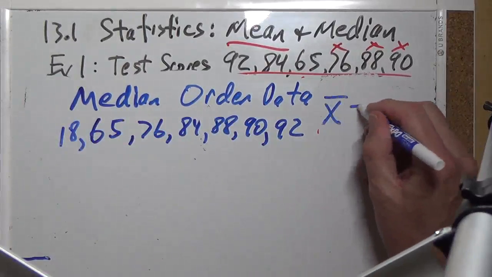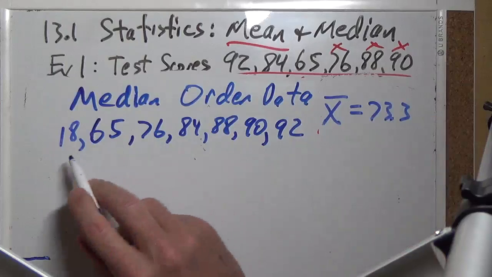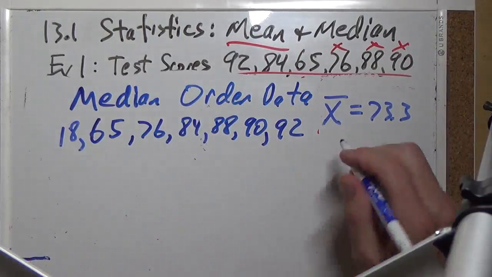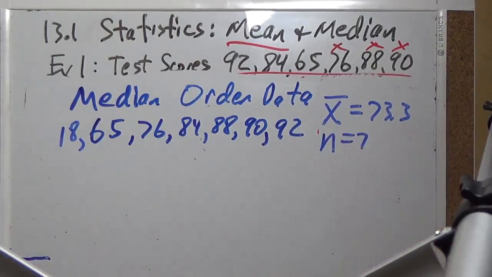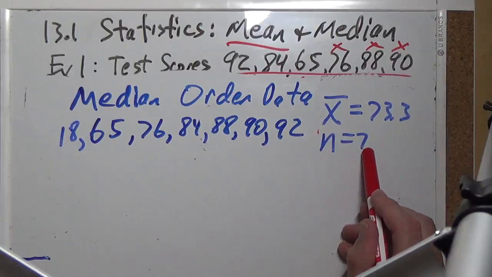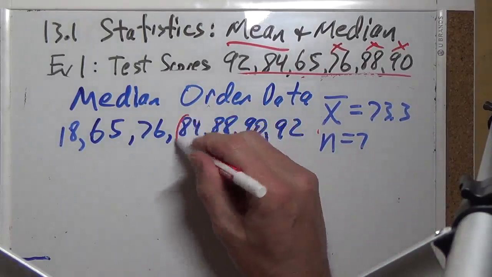Remember, my mean for this was 73.3. That 18 dropped the mean. But now I've got n equals 7. And when your number of data points is odd, your median will be a data point. Look at 84.